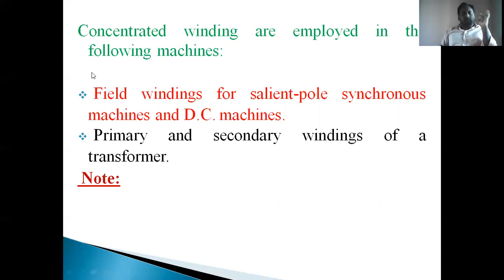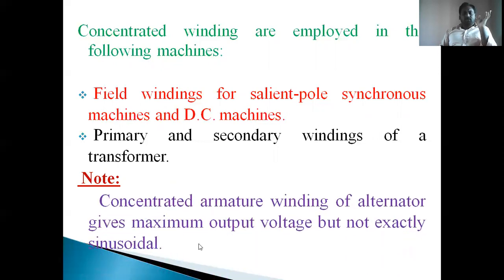That's why we don't prefer concentrated winding for armature windings, because the EMF is induced in the armature winding. That's why concentrated windings are never preferred for synchronous machine armature winding and DC machine armature winding. The voltage is not exactly sinusoidal.